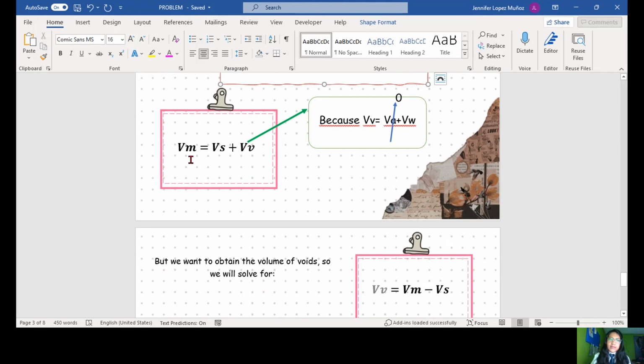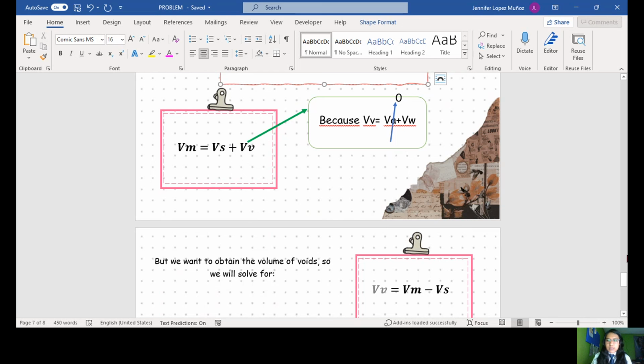This is the formula: the sample volume equals solid volume plus void volume.